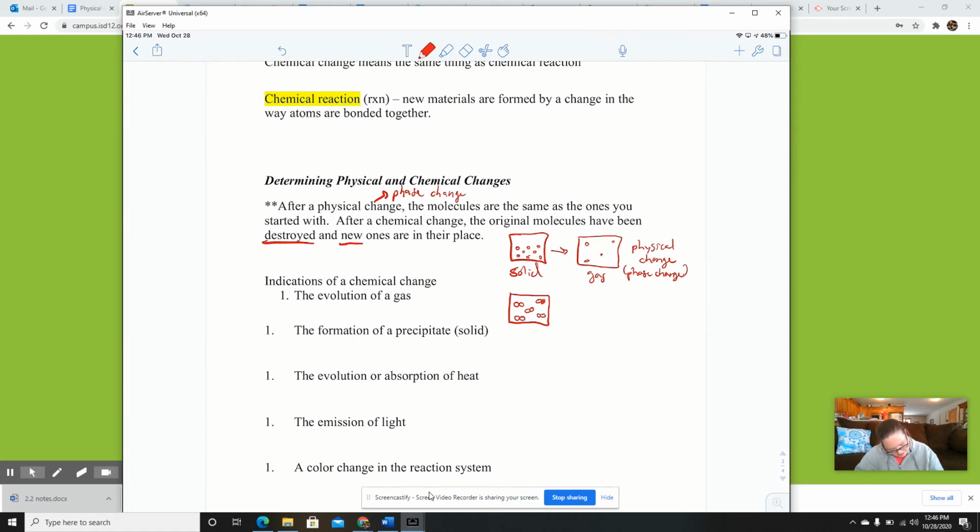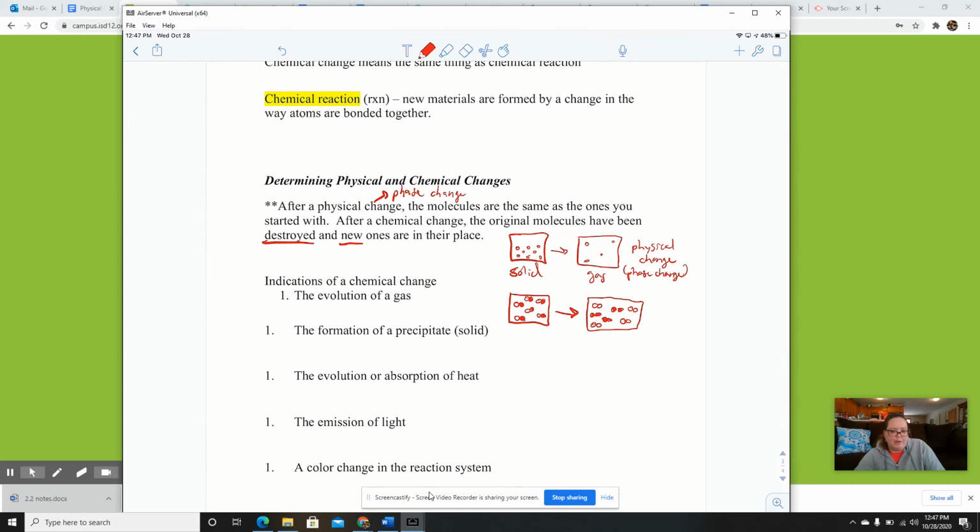a chemical change looks something like this, where you have one atom that's colored in, one atom that's open, and now you have two atoms that are colored and two atoms that are uncolored.